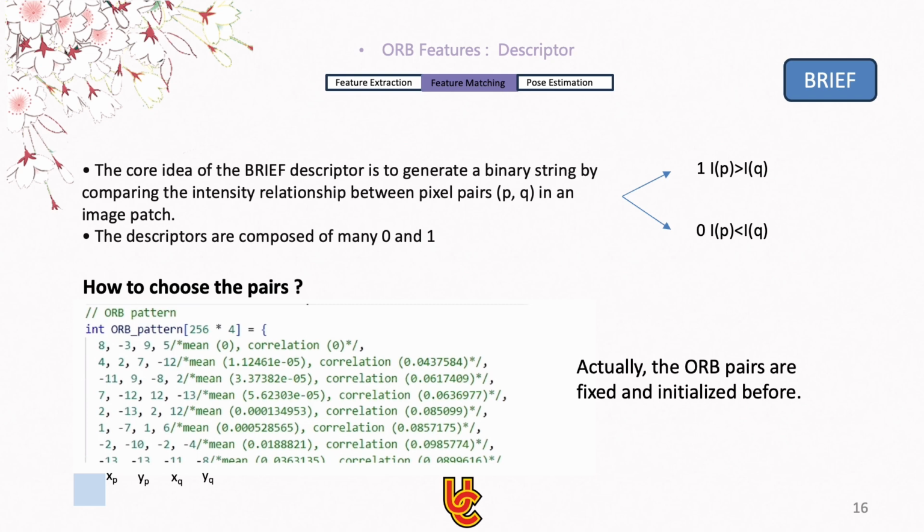However, the actual ORB pairs are fixed and initialized beforehand. For example, in ORB-SLAM 3, there is a file that contains all the sequences, all the coordinates of the ORB descriptors. Here is an example of the code. You can see the first column is xP, the second is yP, then xQ, yQ.